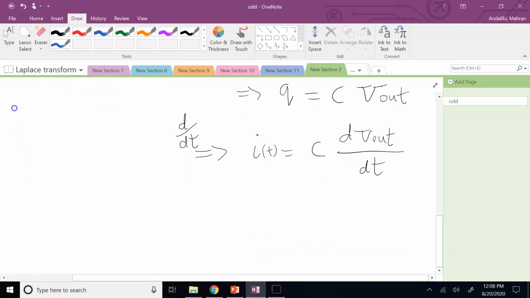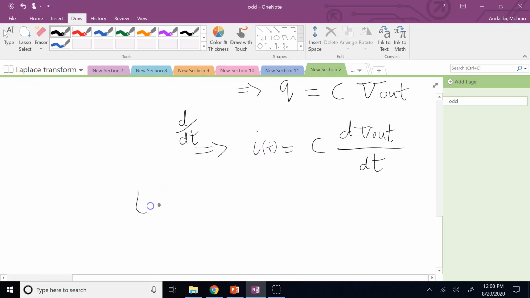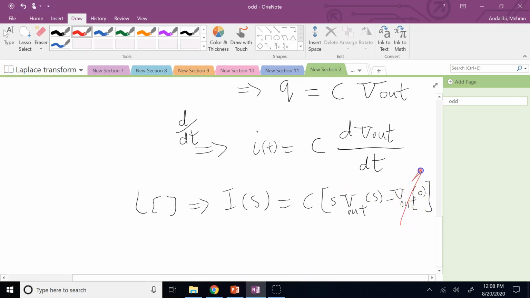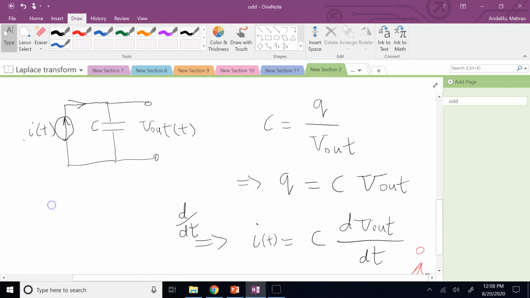And now from here, if you now take the Laplace transform, this is going to be I of s. And this is going to be C times s V out of s minus V out at time 0. And again, the initial condition is 0. And to make life easier, again, I assume C is 1.